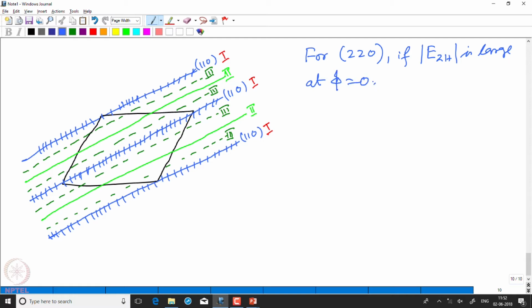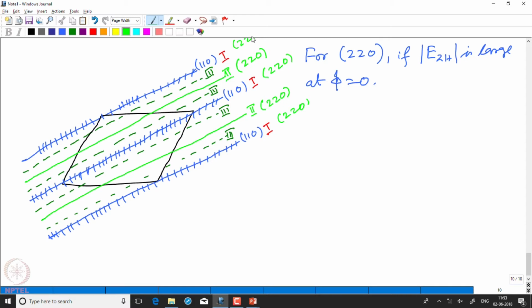So what are the 2 2 0 lines? The 2 2 0 lines are now the lines which are marked as green, the number 2. And eventually, this middle line also becomes 2 2 0 as well, and so on.